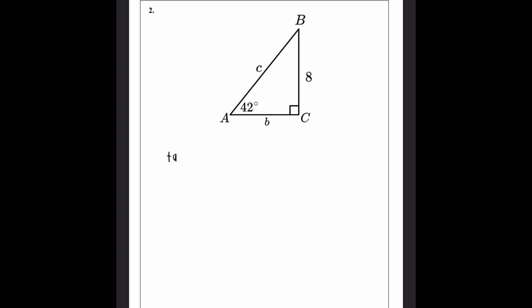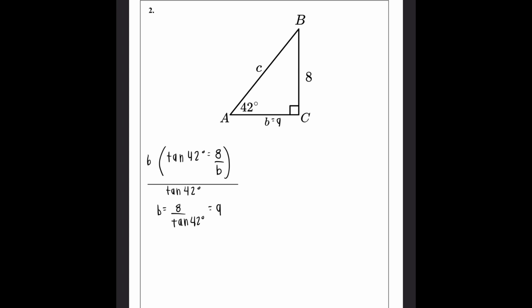So tangent of 42 degrees equals opposite over adjacent, which would be 8 over B. Let's multiply both sides by B and divide both sides by tangent 42 degrees so that we isolate the B, and that equals B equals 8 over tangent 42 degrees. If you put this in the calculator, you will get 9 and we'll round to the nearest whole number. So we know that B equals 9.